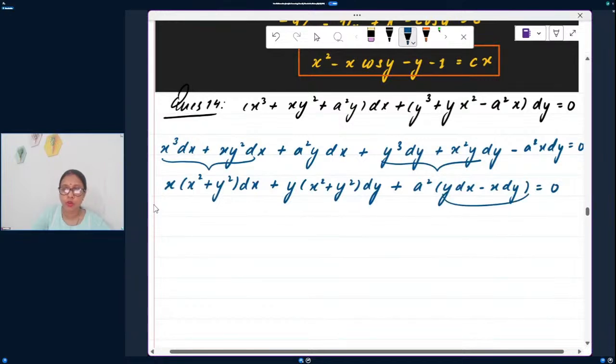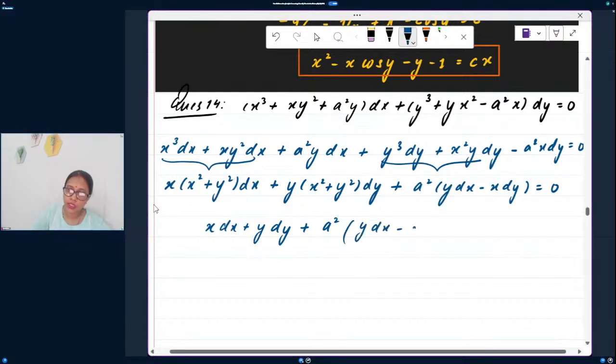So this makes a formula if you divide it by x square plus y square. So now it becomes x dx plus y dy plus a square times (y dx minus x dy) divided by x square plus y square is equals to 0.